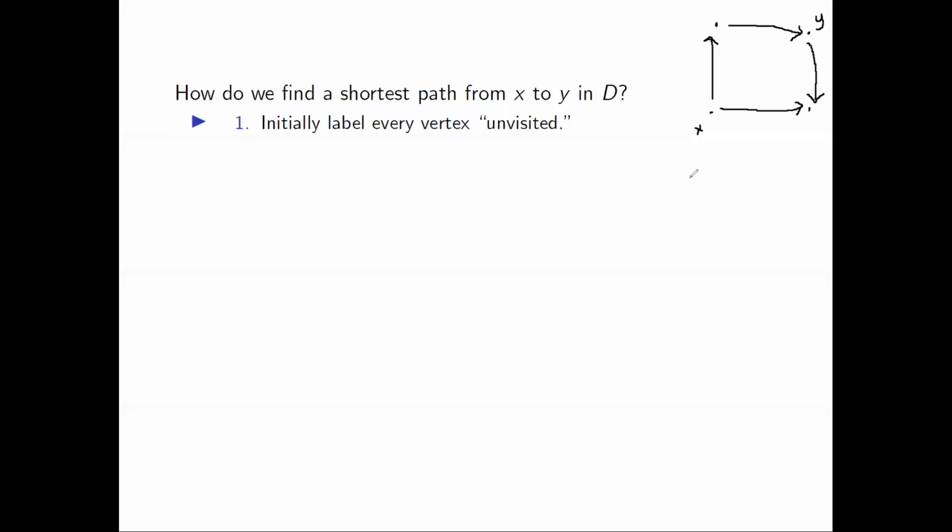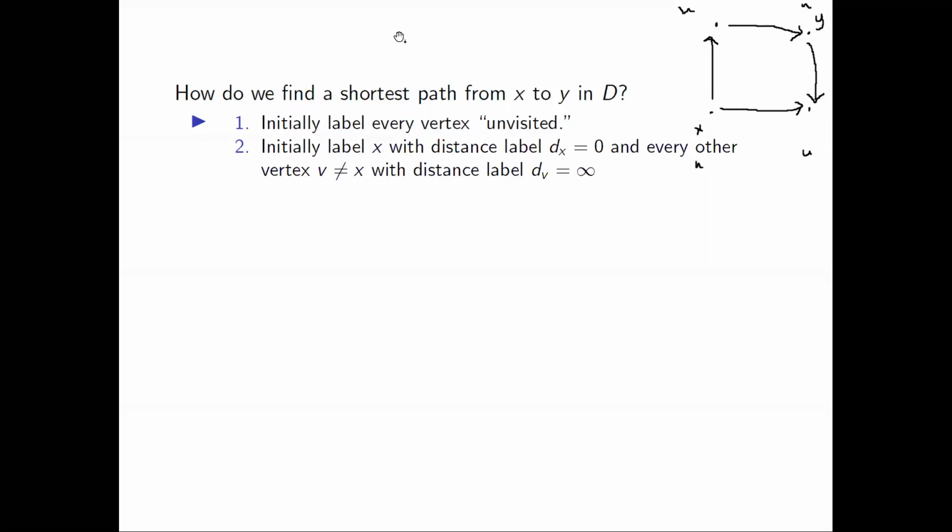So I will label it U for unvisited. Each of them gets a U. We will initially label x with the distance label 0. So it gets a 0 here. And all the others will get distance label infinity.